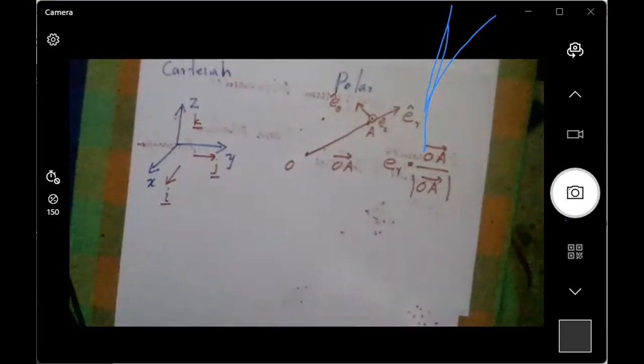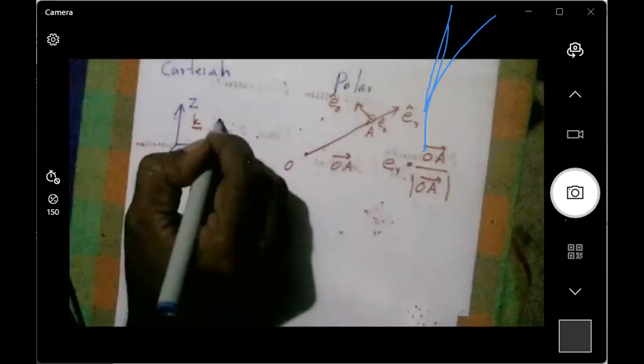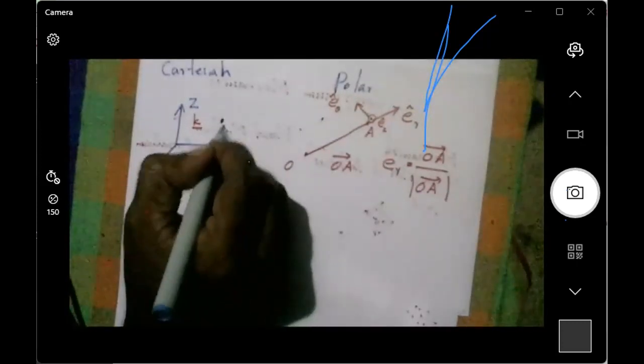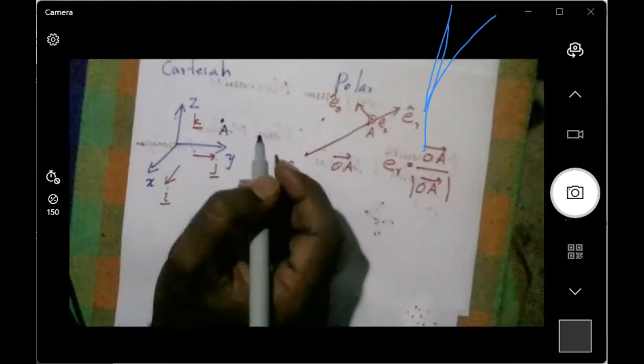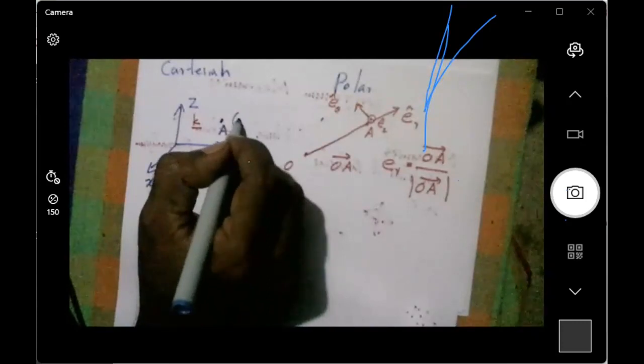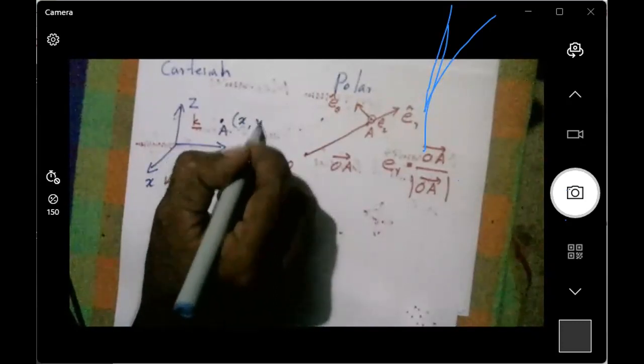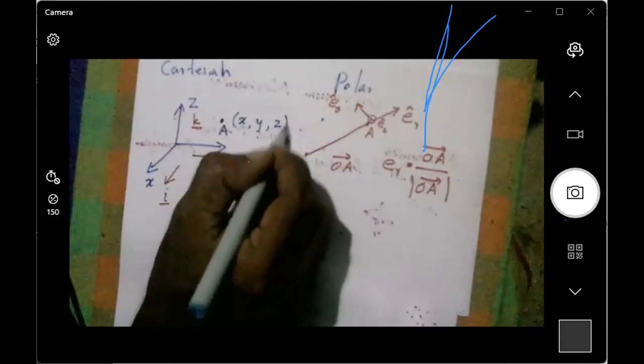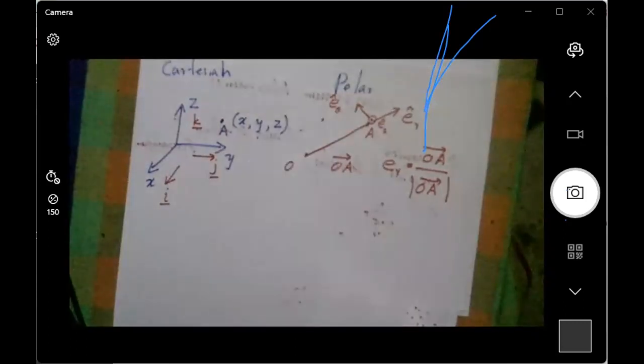Okay, now let's suppose the particle is at this point in Cartesian coordinates. So the position of this point will be X, Y, and Z, right?